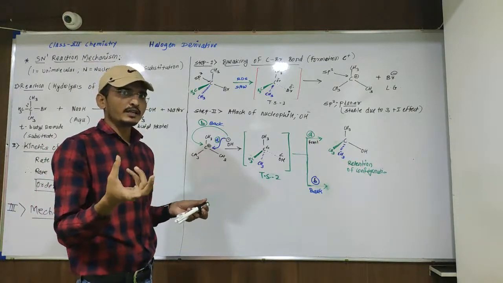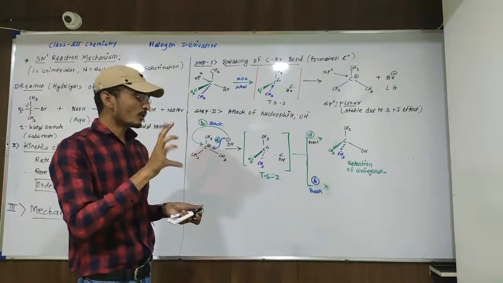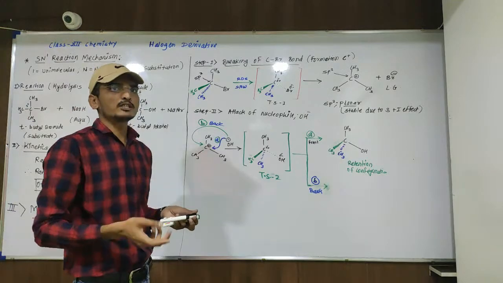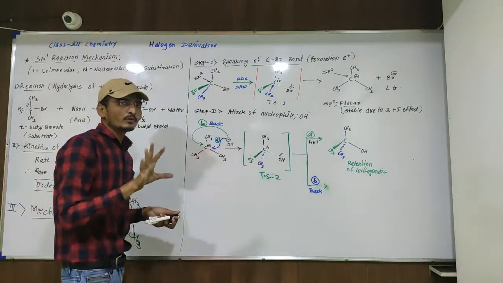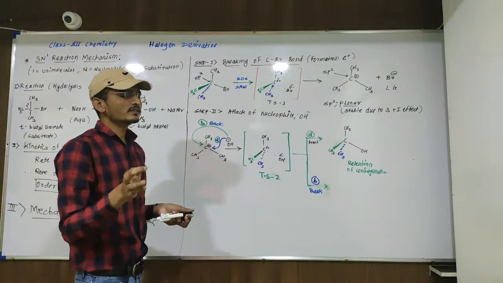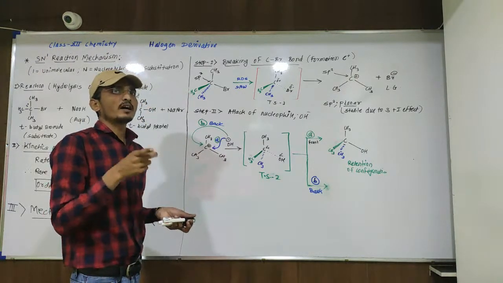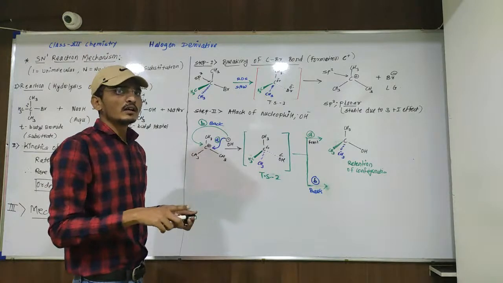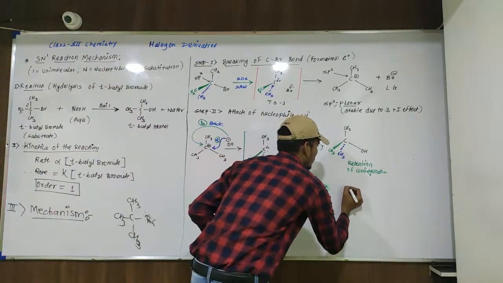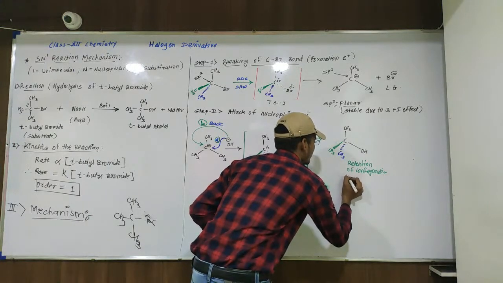It means the product is just the opposite image of the substrate. What changes here is that the position of Br is just replaced by OH. So the product is just the reflection of the substrate. I draw the structure again. Here is your CH3.